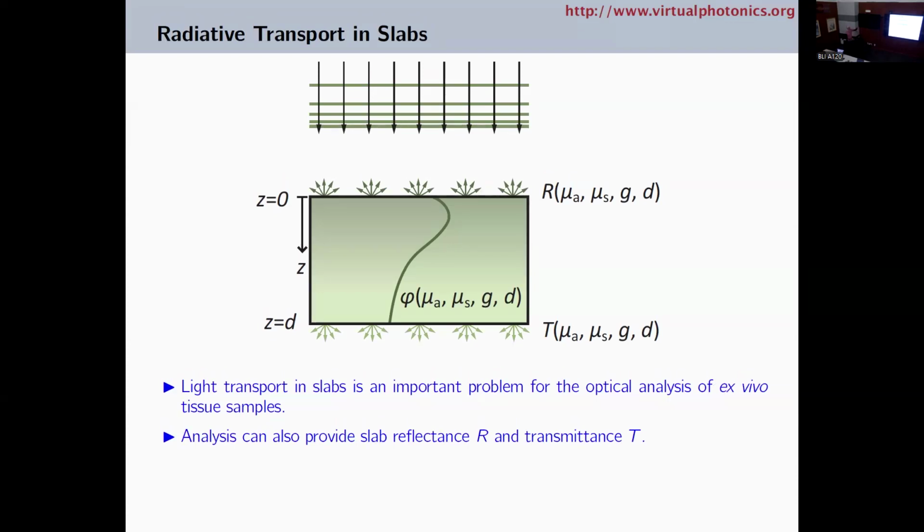In slabs, where slabs are thin, you don't necessarily establish a diffuse light field on either side. Therefore, the reflectance and transmittance is explicitly a function of mu A, mu S, g, and d, where d is the thickness of the slab. These unique relationships between the optical properties, g, and the slab thickness potentially allow you to get accurate measures of the optical properties if those measurements are done well, which is far from trivial.